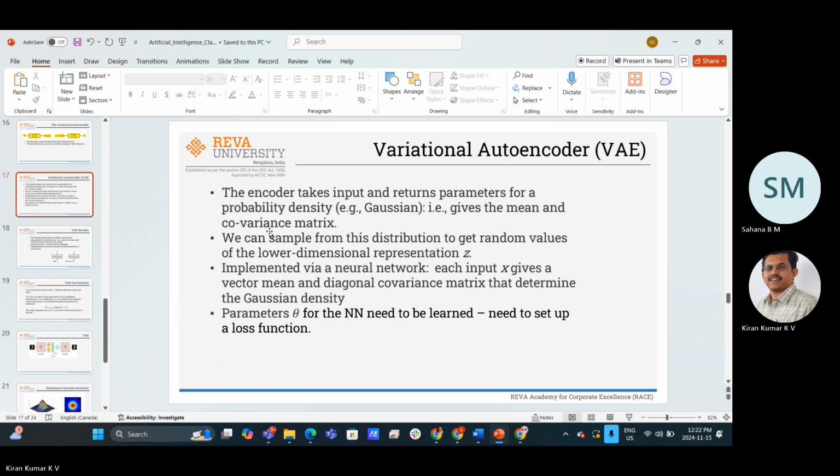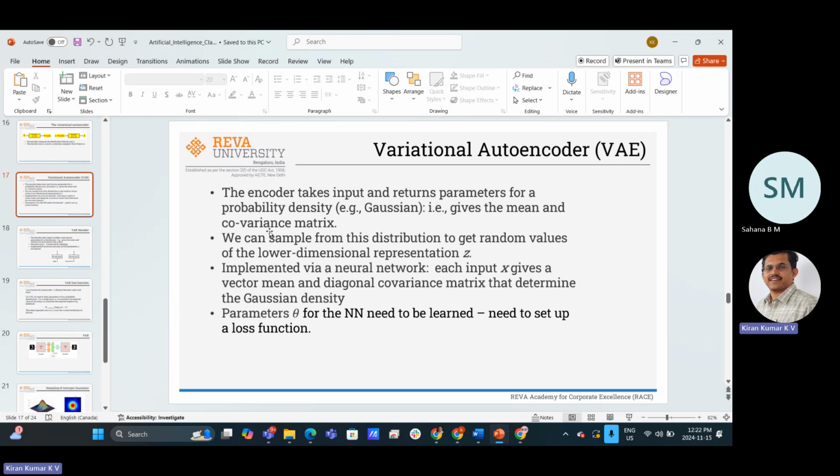Okay. So encoder takes the input and returns the parameters of probability density, which is a Gaussian curve, which gives some mean value and covariance matrix. Okay. So we have to sample from this distribution to get random values of lower dimensional representation.